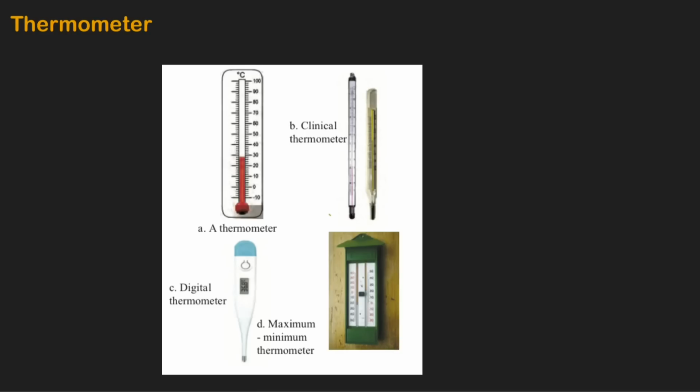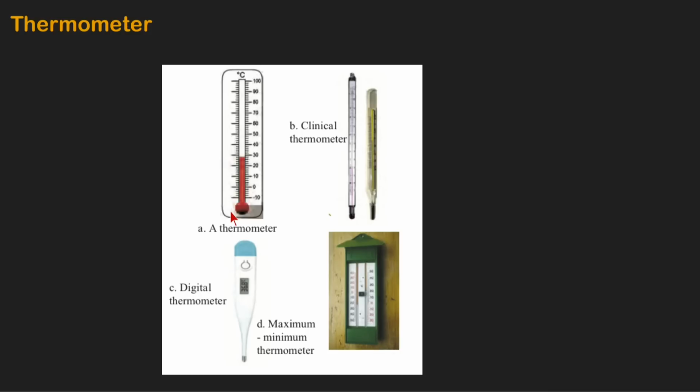Now the next point is a thermometer. Here in this picture we can see the different types of thermometer. In a thermometer, mercury or alcohol is used to show the temperature of any object.